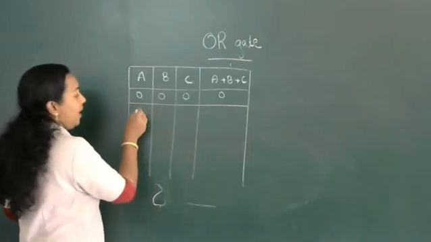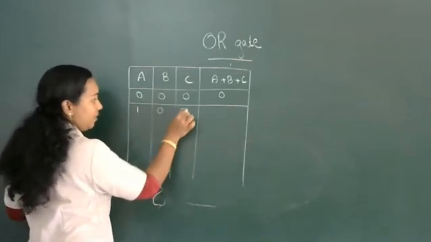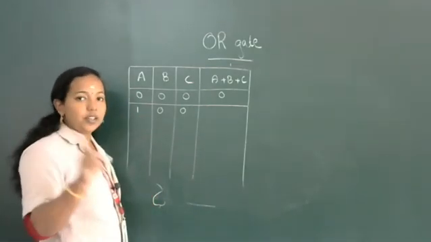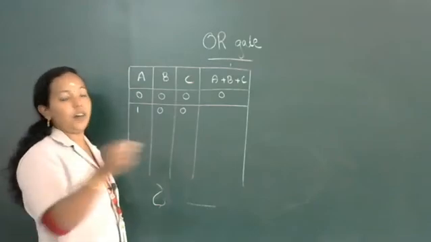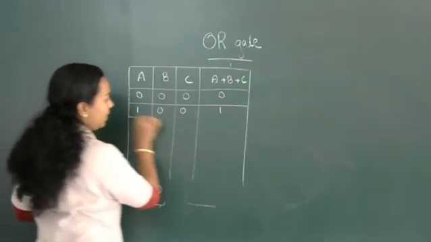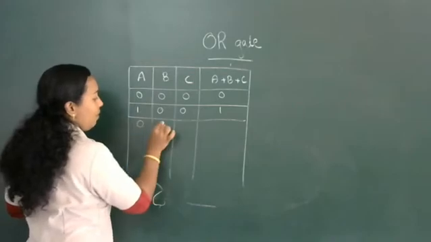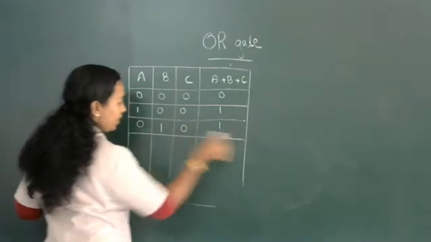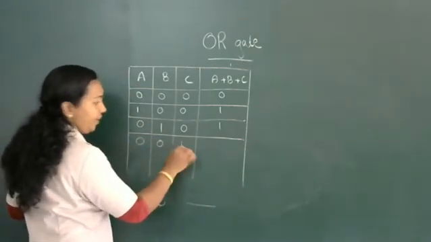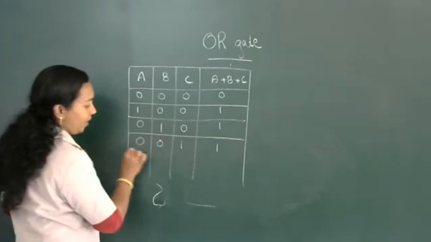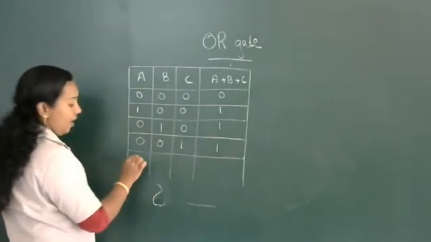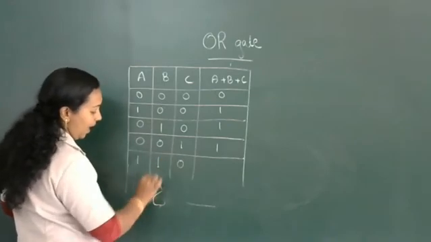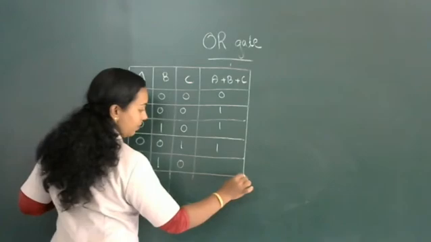Then A equal to 1, and B and C are all zeros. If any of the inputs is 1, the output is also 1. Then 0, 1, 0: again the output is 1. 0, 0, 1: the output is also 1. Then next, A and B are 1, 1, and C is 0, then the output is 1.